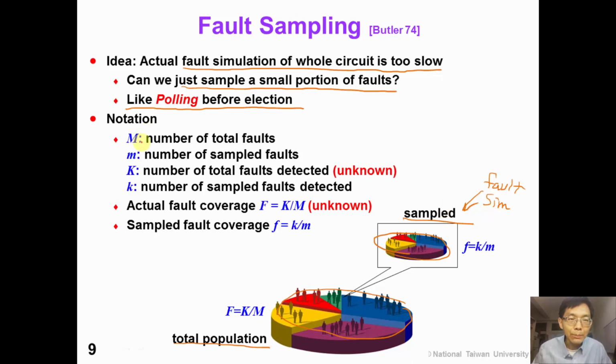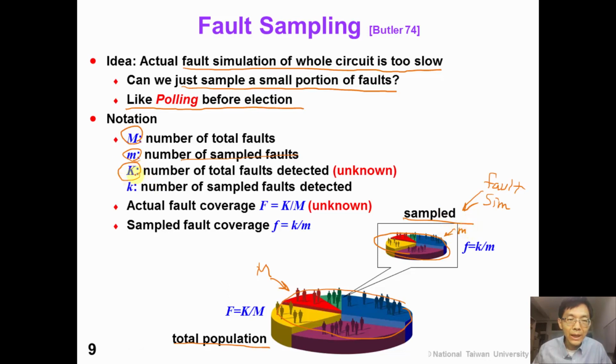So, suppose that big M represents the number of total faults. That is the size of the total population. And the small m represents the number of sampled faults. That means the size of this small sample pie chart.